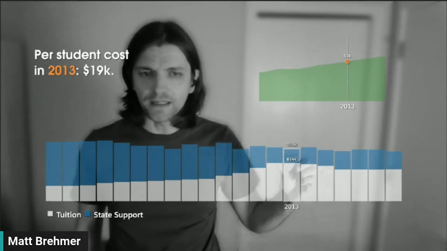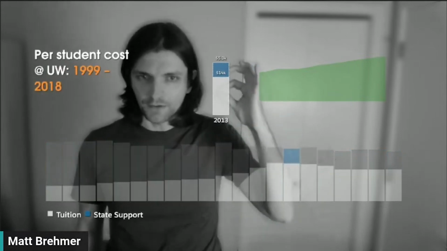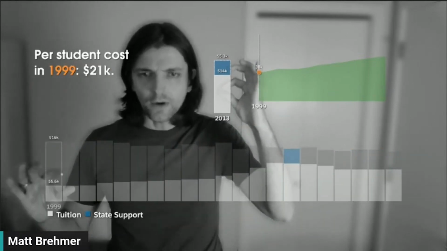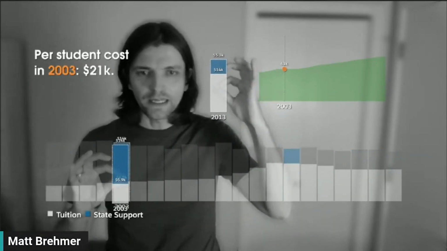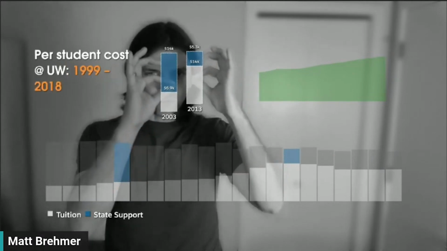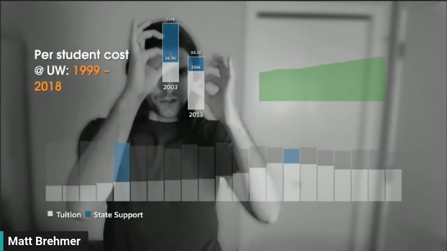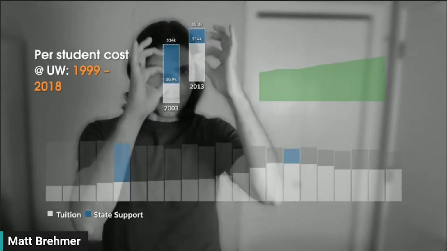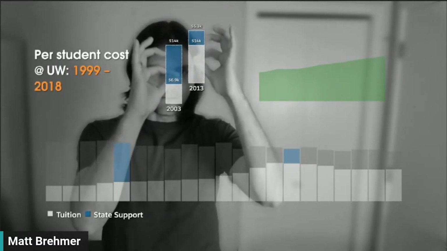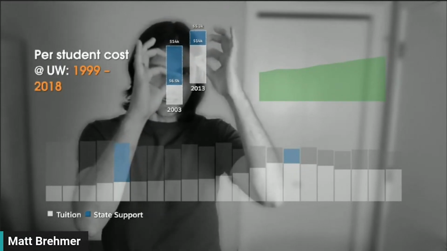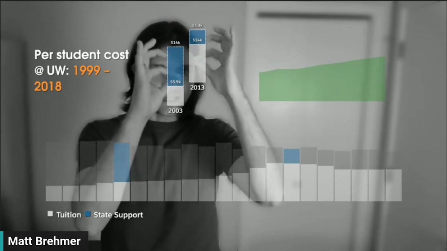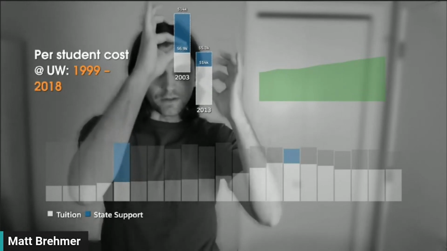Let's take as a case study 2013, for instance, and compare that to 10 years earlier. This really hammers home how much that funding source has inverted over this 10-year period between tuition and state support. It is almost completely inverted over this period.